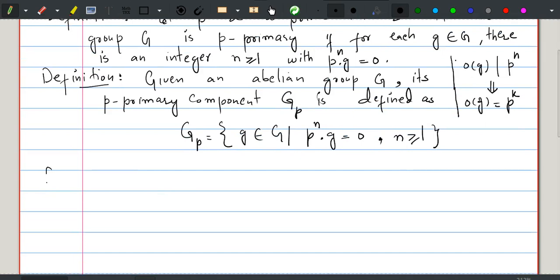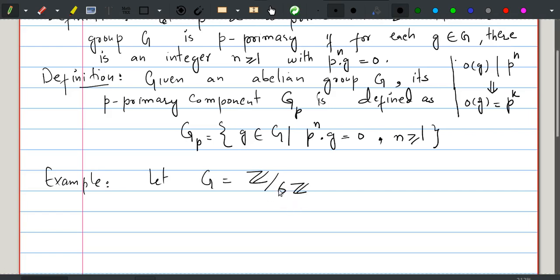For example, let us consider the abelian group G equal to Z mod 6Z. This group is not itself p primary, however it has p primary components. The prime divisors of 6 are 2 and 3, so G must have two primary components, one is the 2 primary component and the other is the 3 primary component.